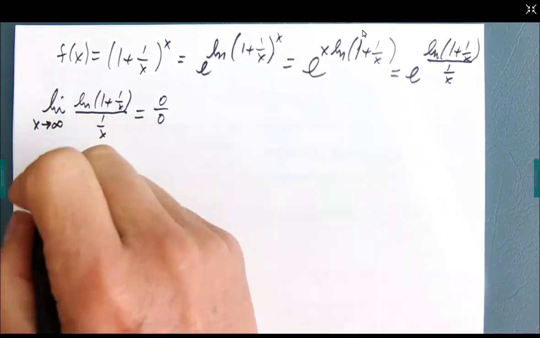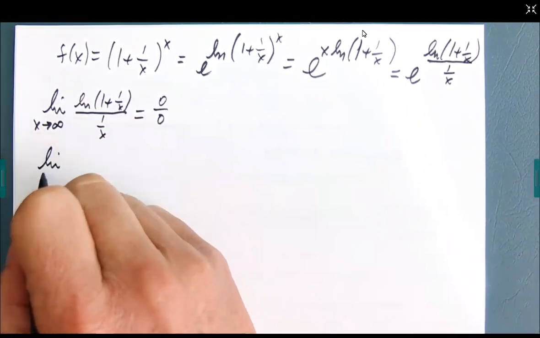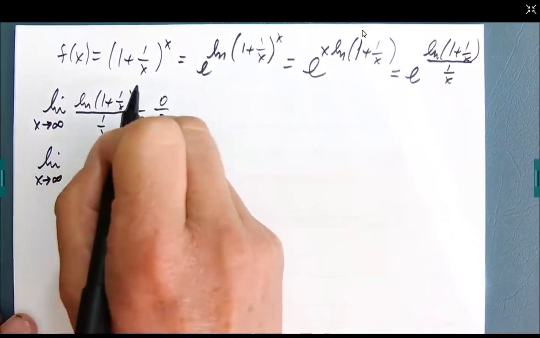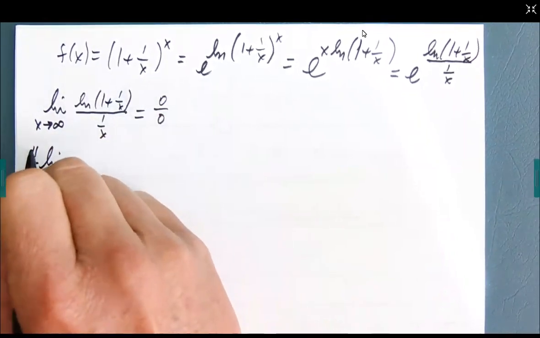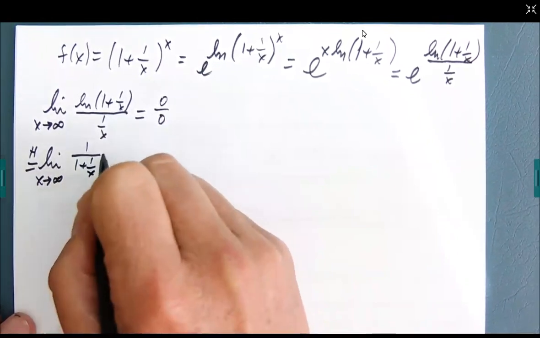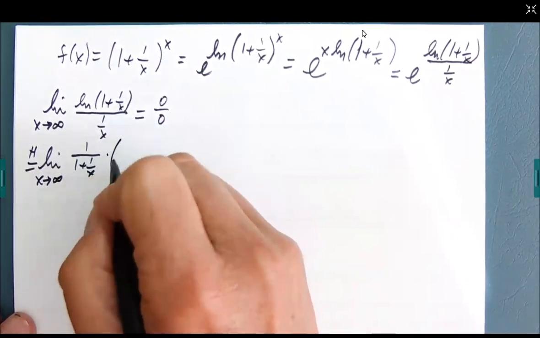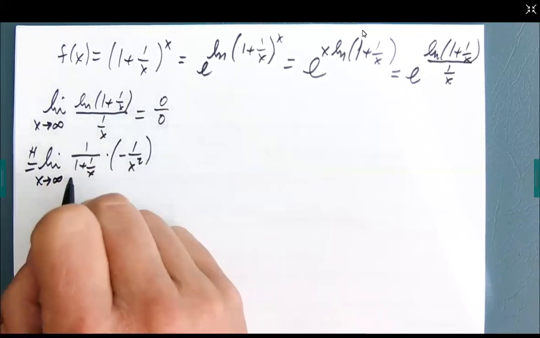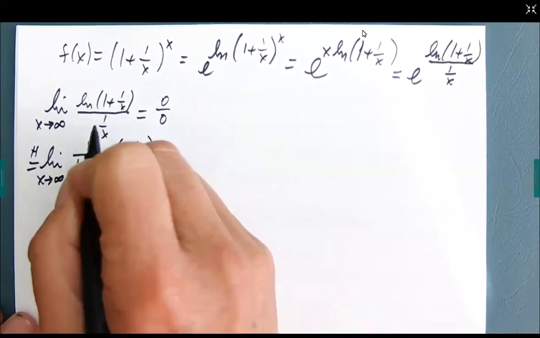So I'm going to apply L'Hopital's rule to this. That's going to become 1 over 1 plus 1 over x times negative 1 over x squared, because the chain rule, I need the derivative there, over that.